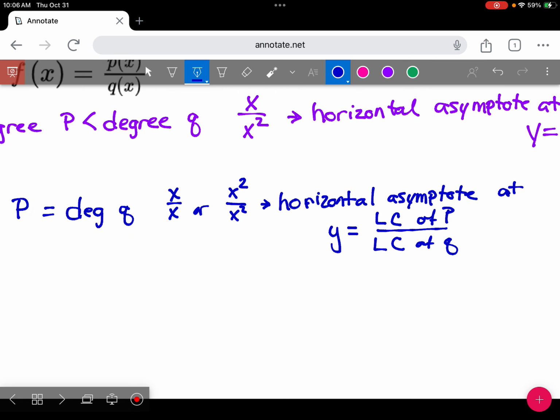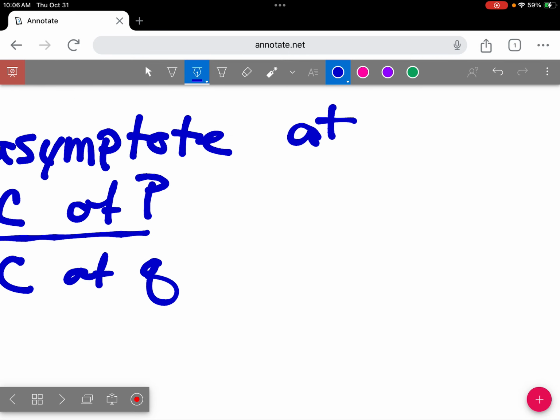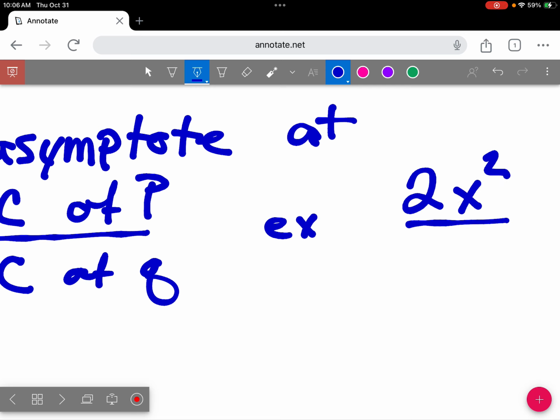For example, I'm going to put an example over to the right. If I have 2x squared over x squared, they have the same degree. I take the leading coefficient of the top, 2, and the leading coefficient of the bottom, 1.